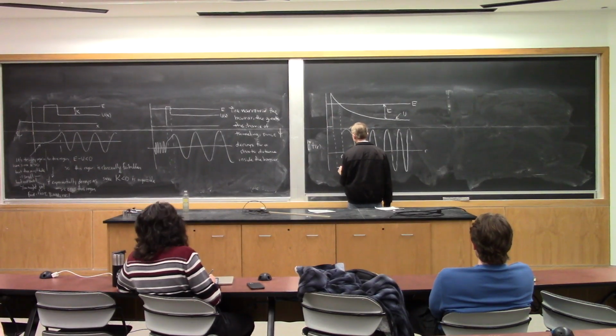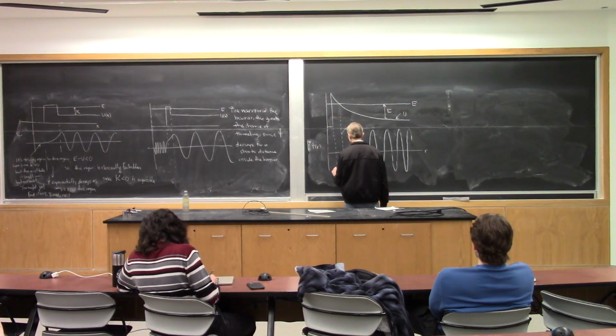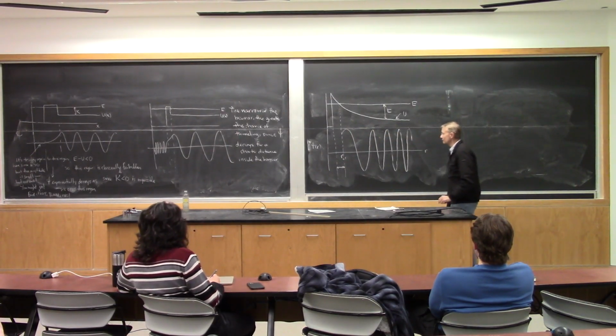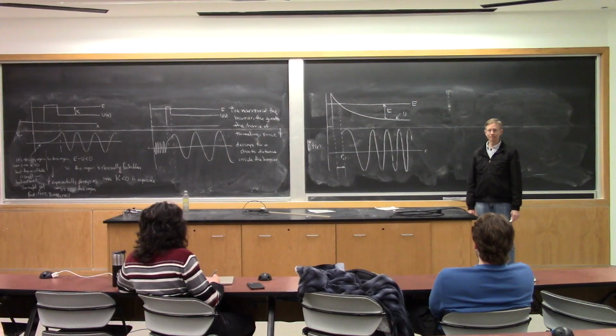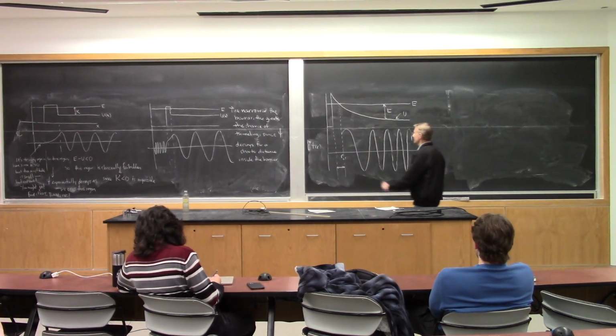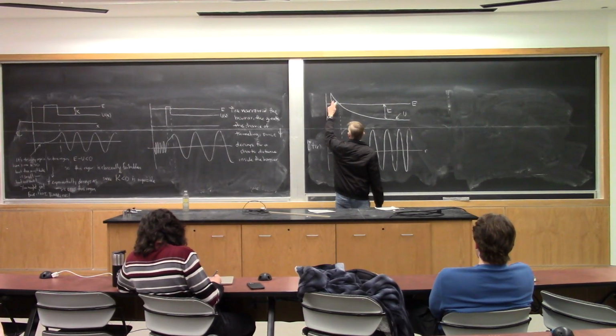Between here and here along the x-axis, what's significant about this region? It's going to be exponential. That's where it'll be exponential. That's where it's the classically forbidden region because the kinetic energy would be negative there.